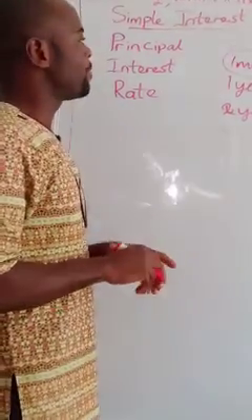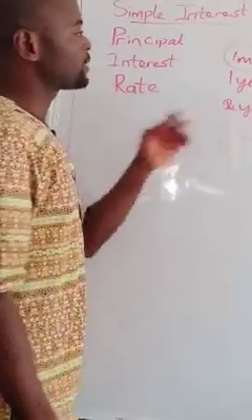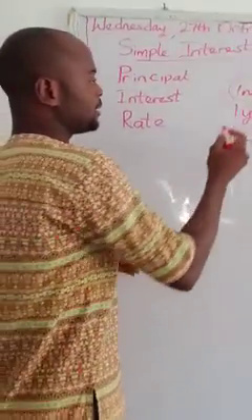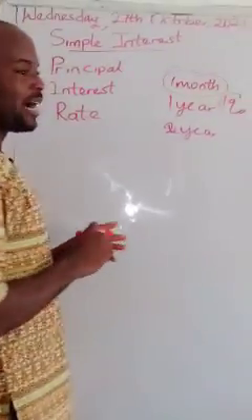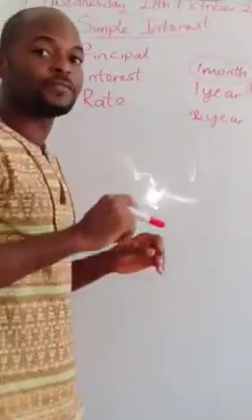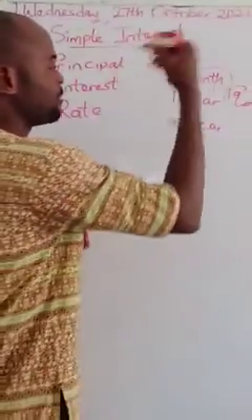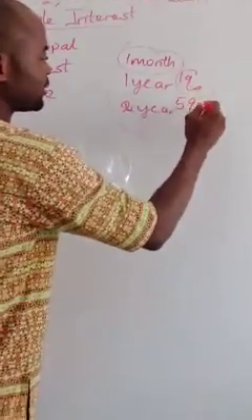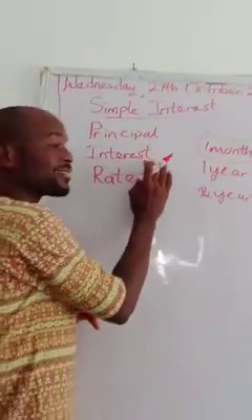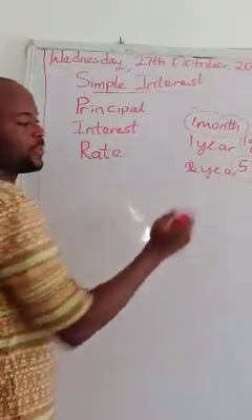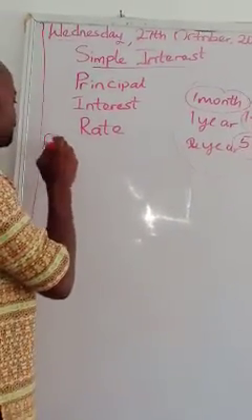They may say, if you leave it for 2 years without touching the principal, the increase on it is 5%. That means the rate at which this principal will attract interest is this percent.